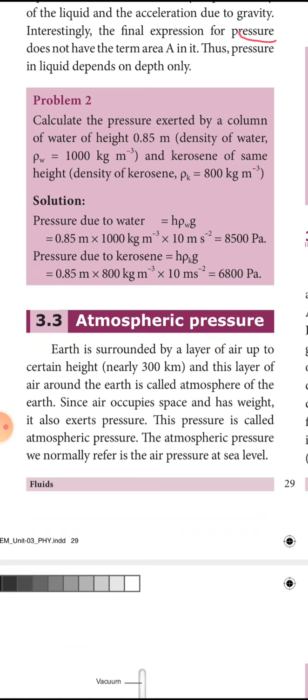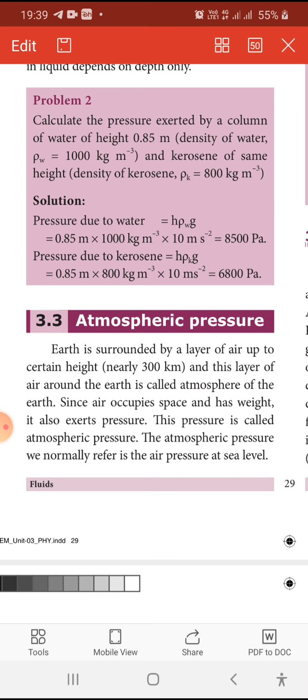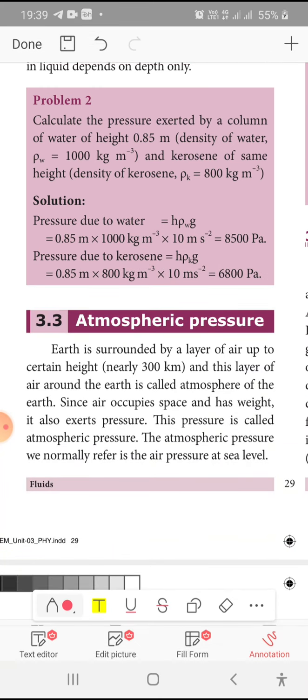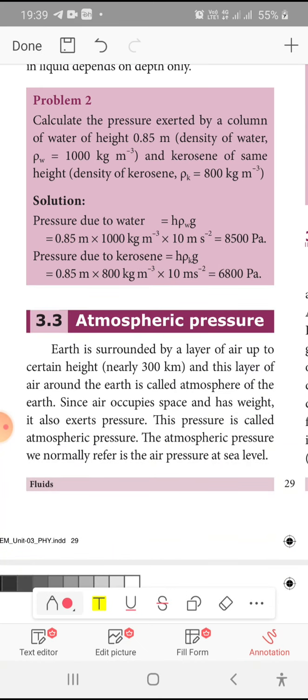Since it occupies space and has weight, it exerts a pressure. This pressure is called atmospheric pressure.